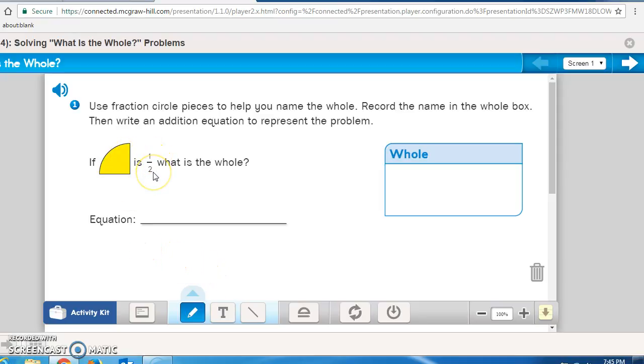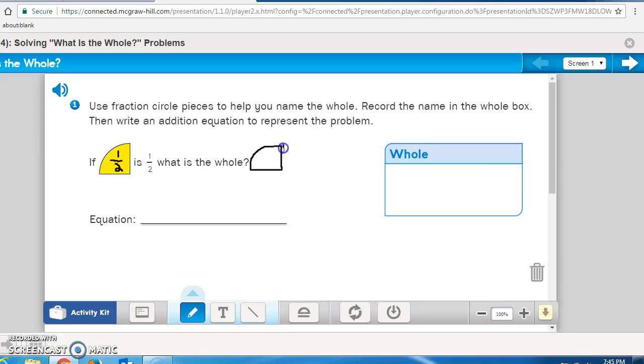Well, if this is half, right away I would put in this fraction piece, half. That tells me that's half. So if I was to put that down, now I'm freehanding this, and I know that this is half.